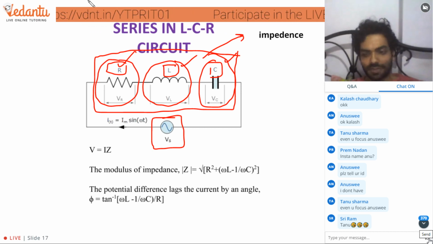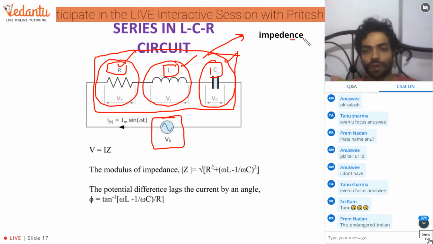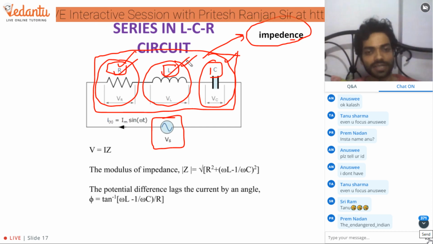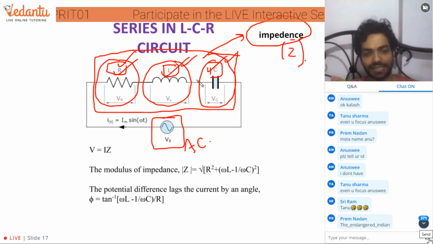So guys, what is impedance? We call it the total resistance offered by all three components, L, C and R, when they are connected in series to the AC source. We represent impedance by Z.